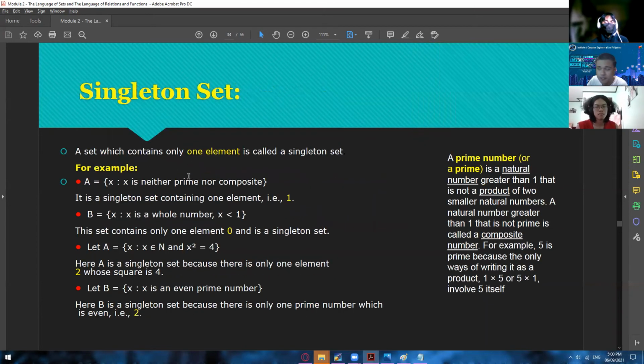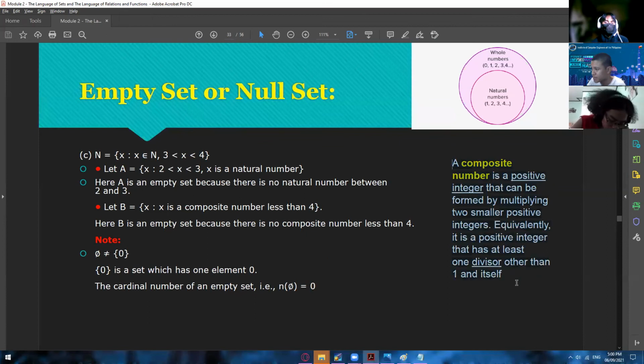So let's now proceed to the singleton set. This one is also super obvious. A singleton has only one element. That's why it's called single or singleton. For example, x is neither prime nor composite. Again, if you don't know the meaning of prime number or composite, it has been already mentioned here.